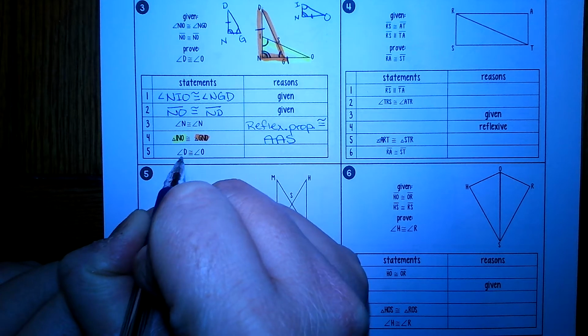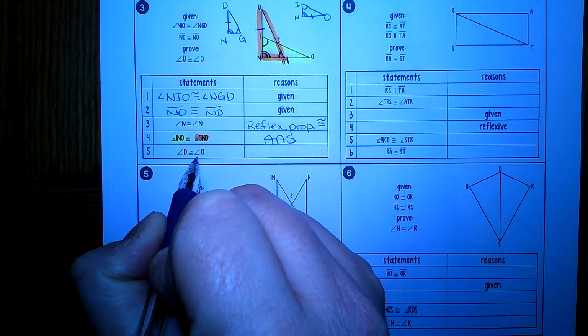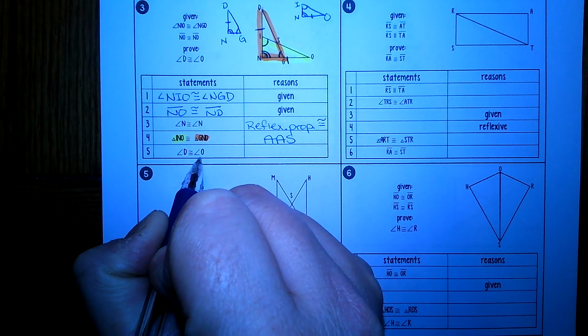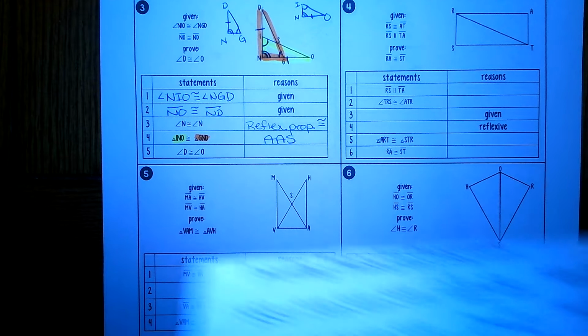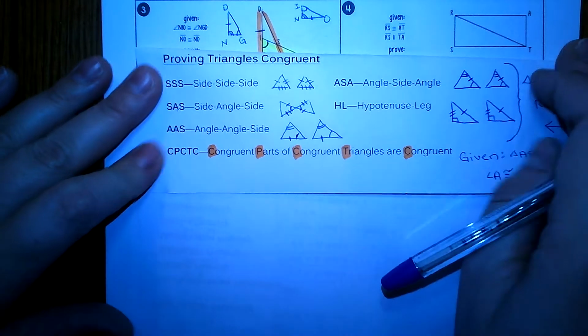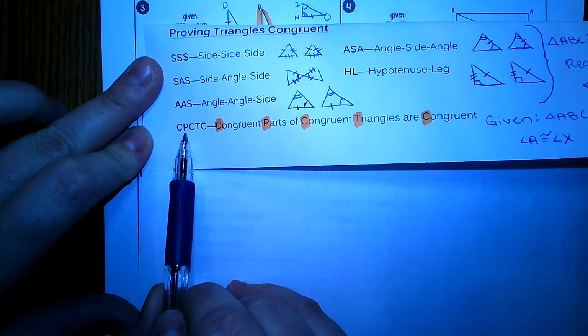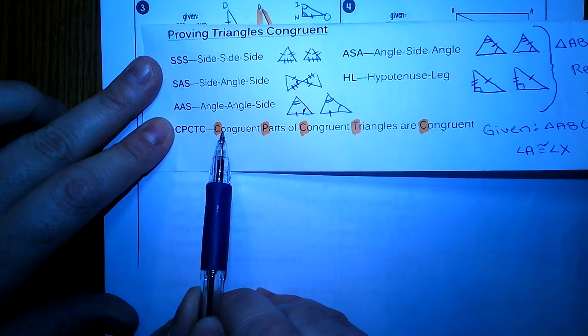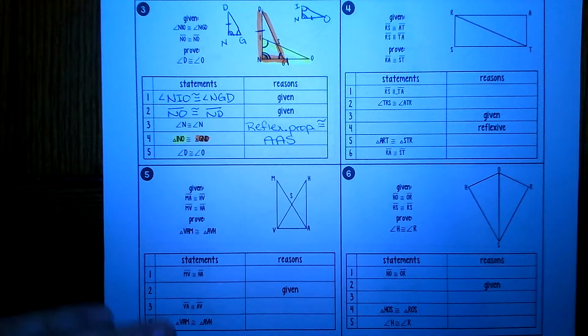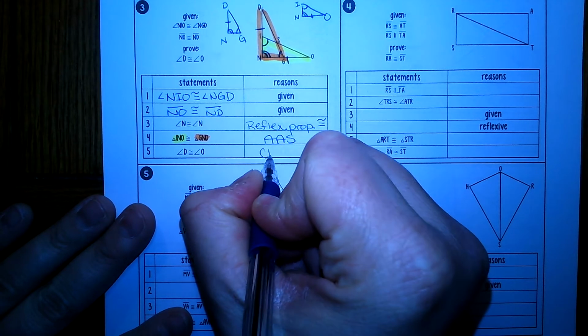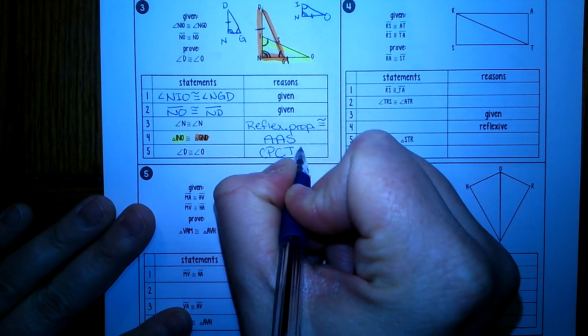So I can decide that these two angles are also congruent because the entire triangle is congruent. And that's something very special. We use the abbreviation CPCTC. The congruent parts of congruent triangles are congruent. Okay, so anything that's a matchup now is a congruent pair.